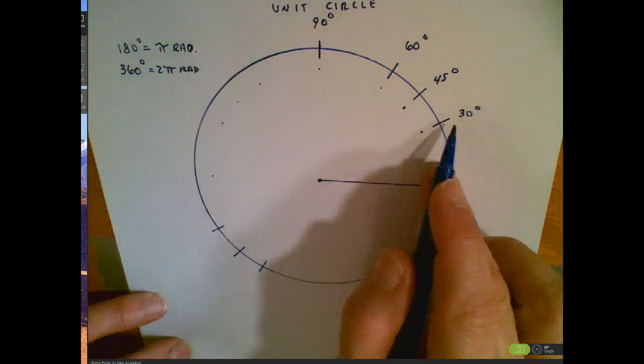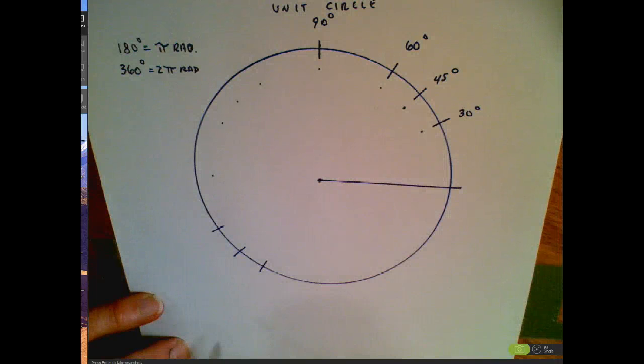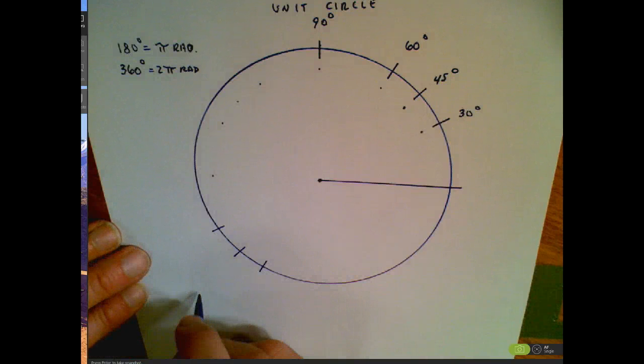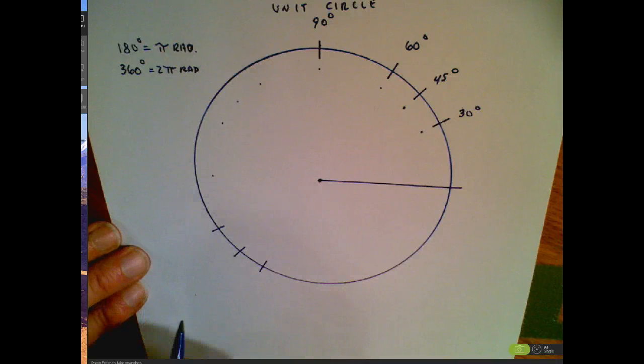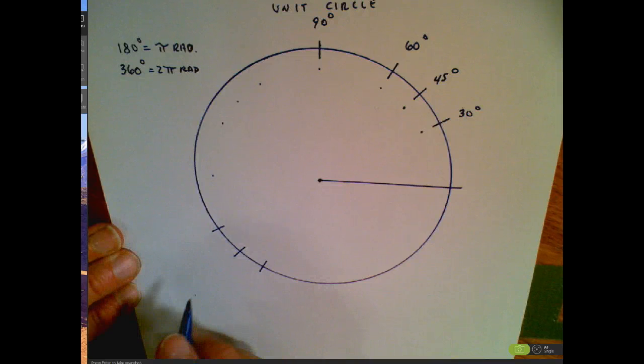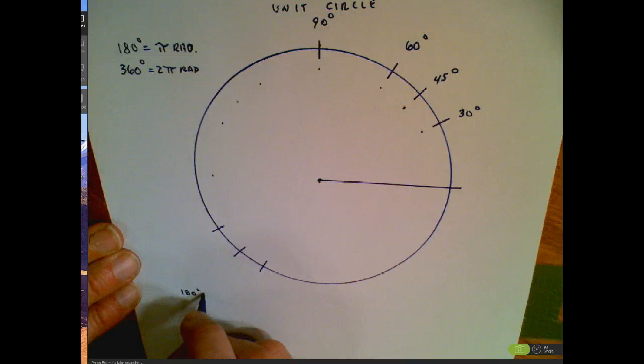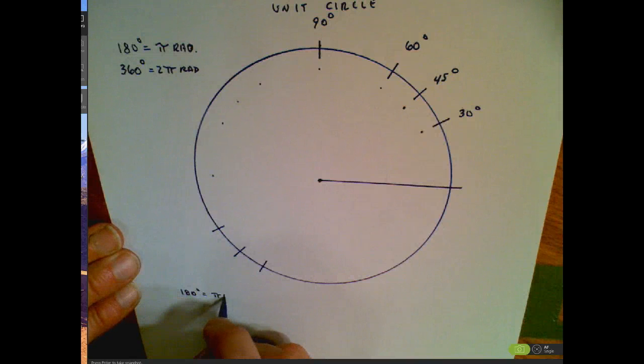So now what is the radian measure for a 30-degree angle? Well, here's how I would do this. I'm going to do the work down here. An identity, the neat part about it is I can write that as what's called a conversion factor. So that identity, 180 degrees is equal to pi radians.